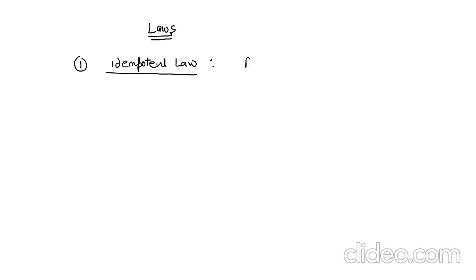The statement of the idempotent law we write as: for any set A, we have A union A, that means we take the union of the same set, that gives us A, and this is the first part. And the intersection of the same set, that means A intersection A, is also A.